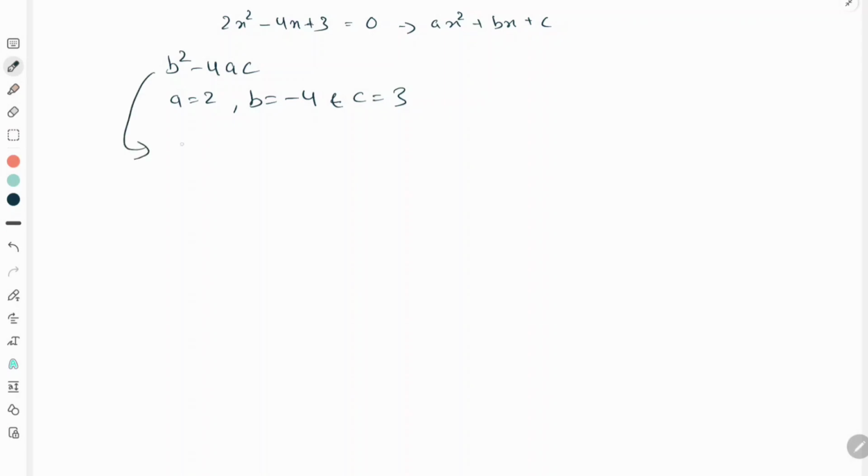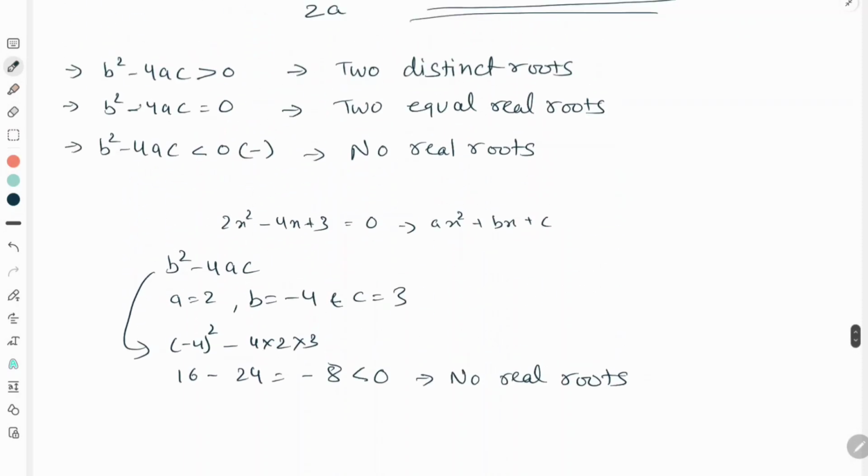Now find the value of b square minus 4ac. So the value will be 16 minus 24, which is minus 8. Now as this value is less than 0, it means we have no real roots. So in case where b square minus 4ac is less than 0, we have no real roots.